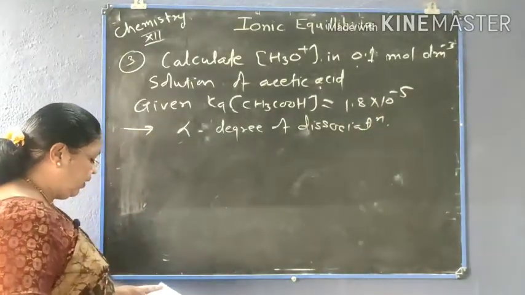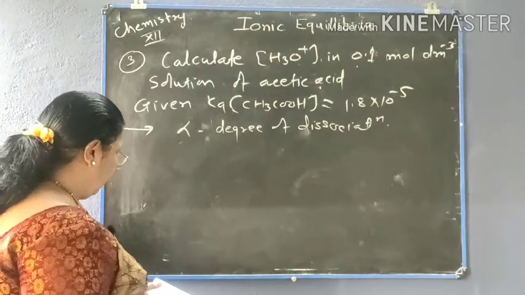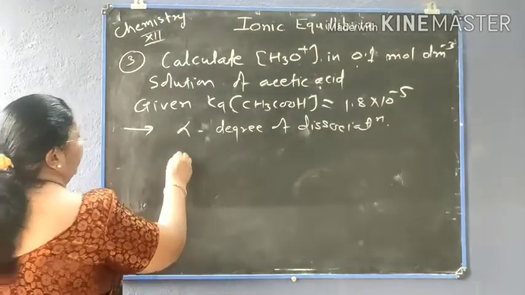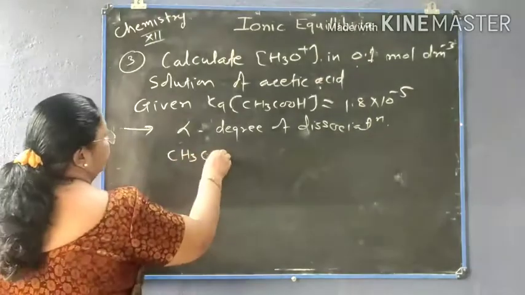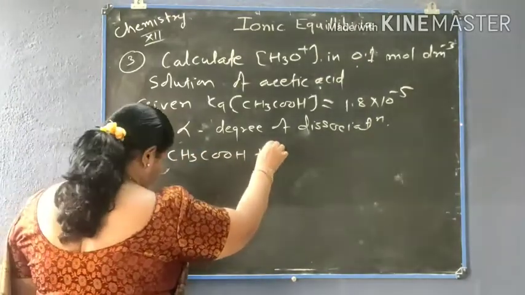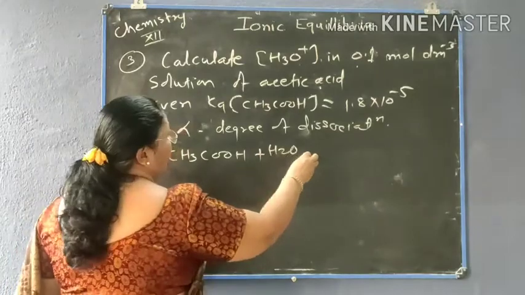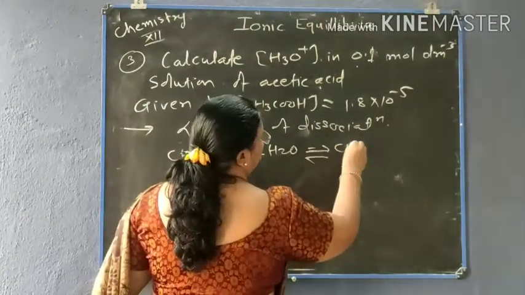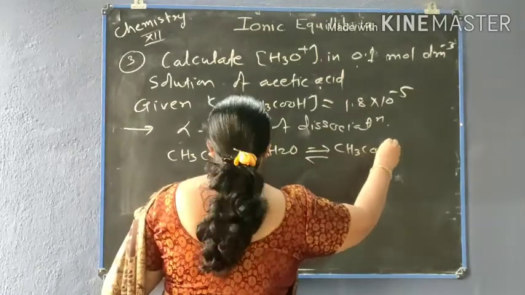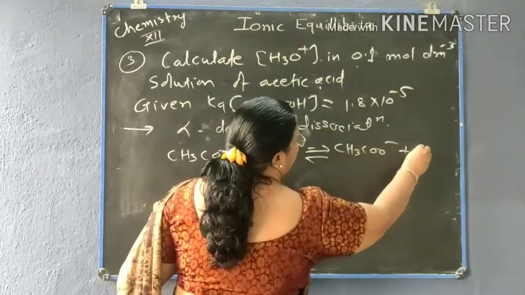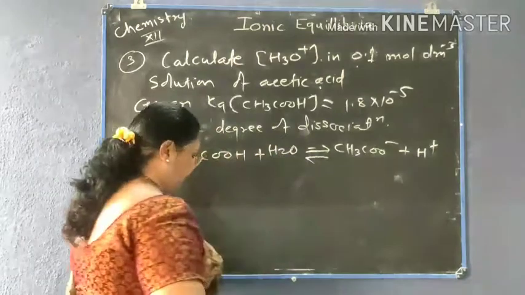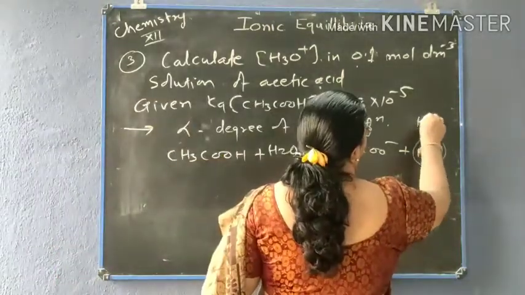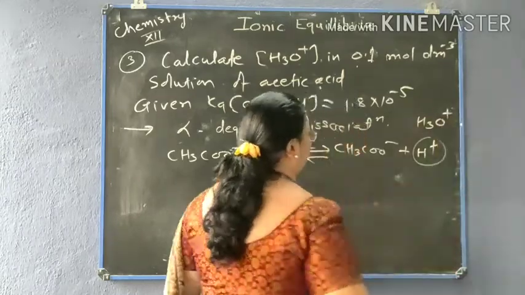Then the concentrations of various species involved in the equilibrium can be written as acetic acid CH3COOH plus water, which is in equilibrium with acetate ions, CH3COO minus, plus H plus. It can be written as H plus, that is H3O plus.